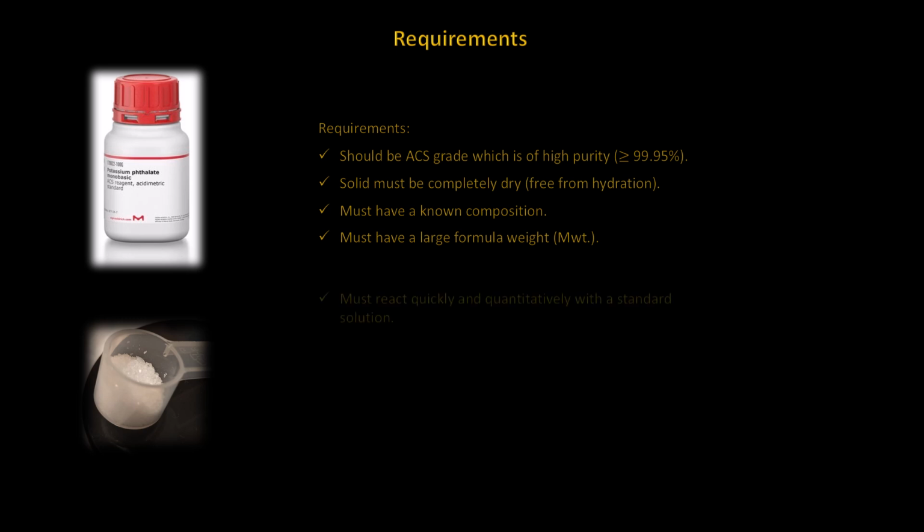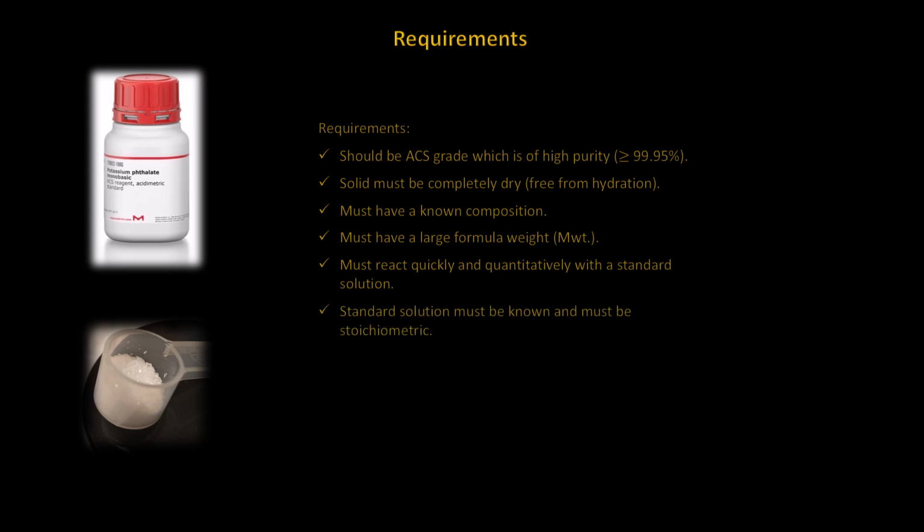The compound of choice for a titration must also be able to react quickly with a standard solution, as well as quantitatively. The standard solution must also be known, as well as being stoichiometric. Any compound used as a primary standard must also be stable in its environment. It should not be hygroscopic, oxidizable in air, or affected by carbon dioxide.